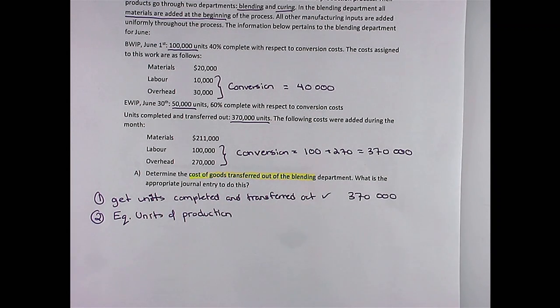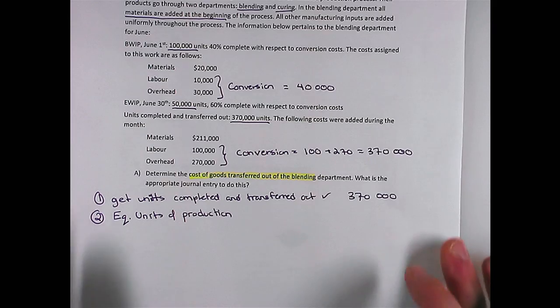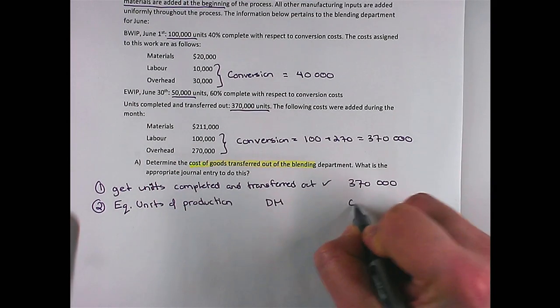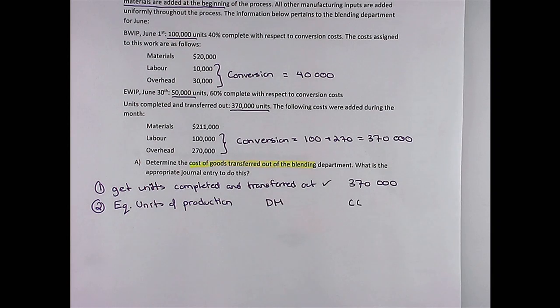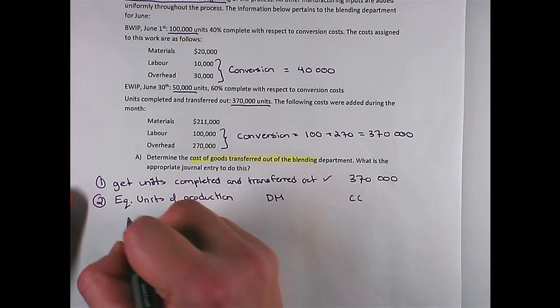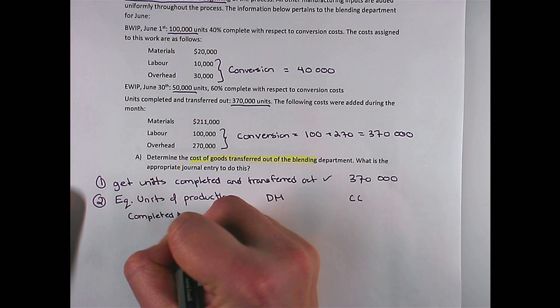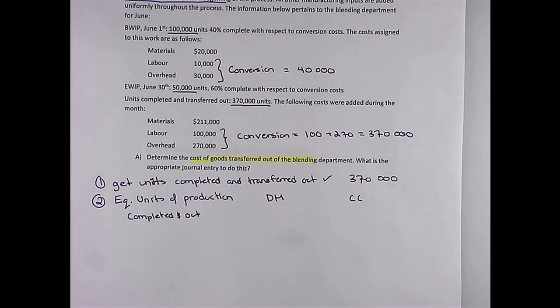So our equivalent units of production, it doesn't matter whether we're looking at our direct materials or that conversion, it's going to be the same. We're going to look at what we completed and transferred out. So that is stuff that's 100% done, okay? We did it, it's all done. But what we also did was some stuff that isn't totally finished, and that's our ending inventory.